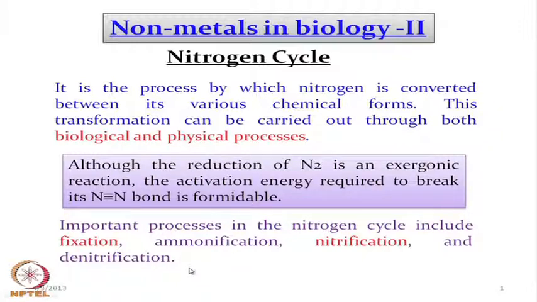So, all these typical reactions are some steps. That means, if we consider the fixation, we consider it as the nitrogen fixation. If it is the corresponding ammonia formation, it is ammonification. Then the corresponding nitrite and nitrate formation, we call it the nitrification reaction, and the reverse of that, the nitrates and nitrites can be reduced back to nitrogen or ammonia, which is considered as the denitrification reaction.